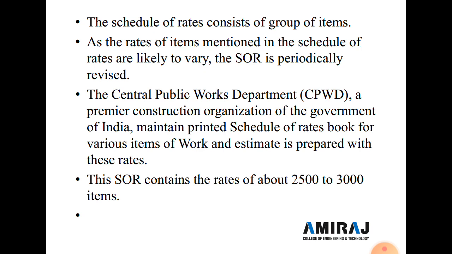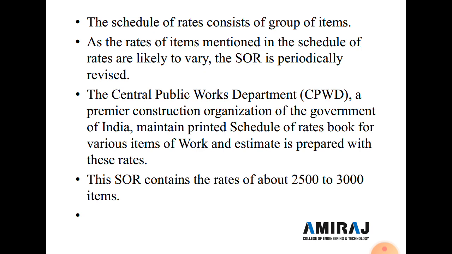So the Central Public Work Department, CPWD, the premier construction organization of the government of India, maintains the printed schedule of rate book for various items of work, and estimates are prepared with these rates.